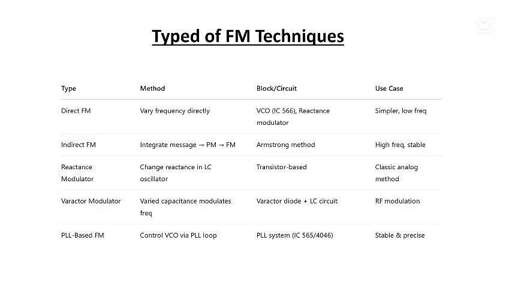It is the most precise and the most stable one. So we generally use PLL in the demodulation and in the modulation. In this video we will discuss the direct FM type.